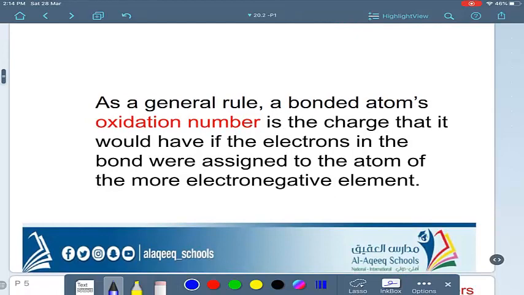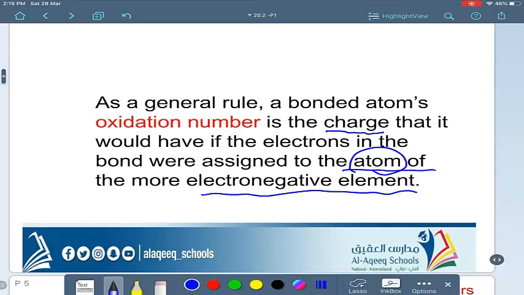So a general rule for this oxidation number is: a bonded atom's oxidation number is the charge it would have if the electrons in the bond were assigned to the atom of the more electronegative element. What does it mean? It means if we are talking about a molecule containing partial charges because they are atoms. Remember, we said that before.